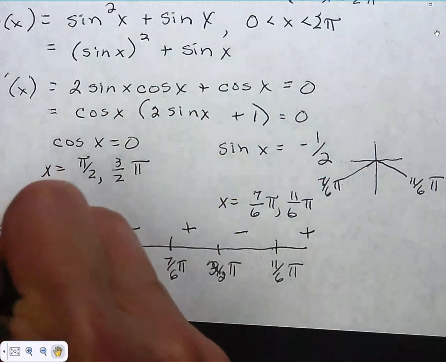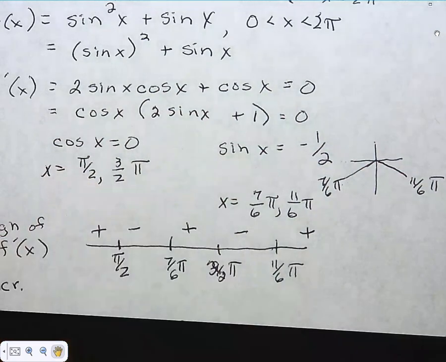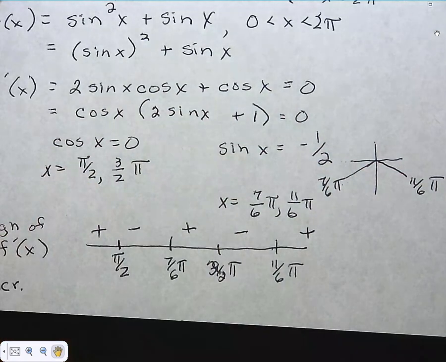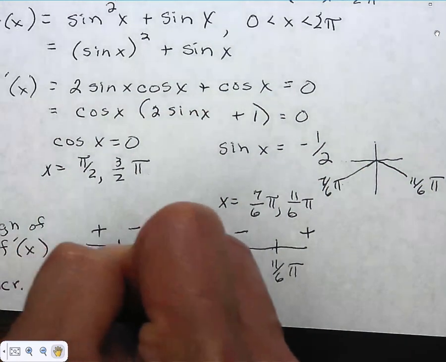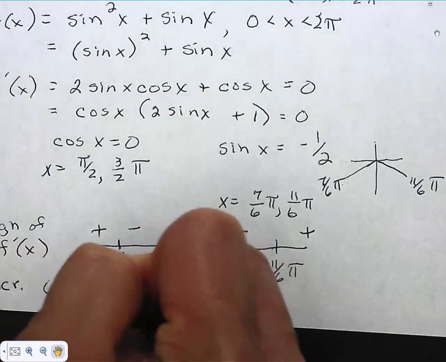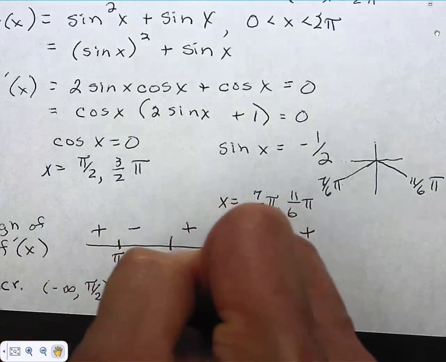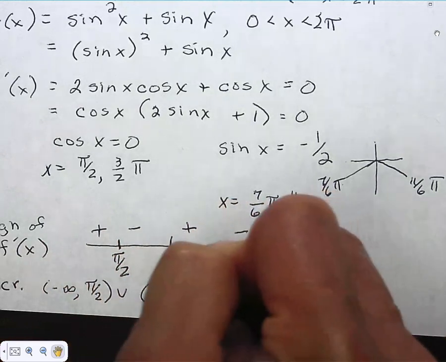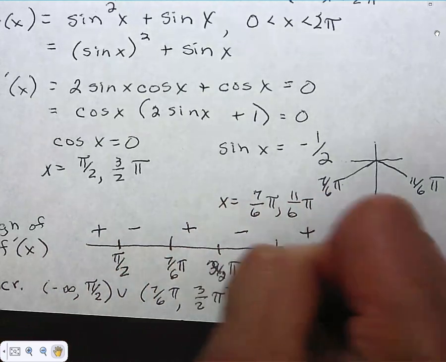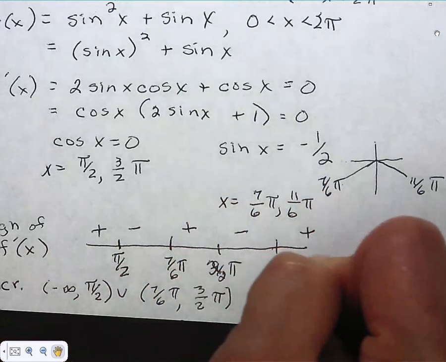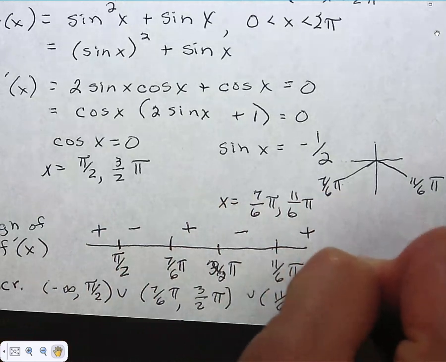You just tell me the increasing intervals. -infinity to pi over 2. 7/6 pi to 3/2 pi, and 11/6 pi to infinity.